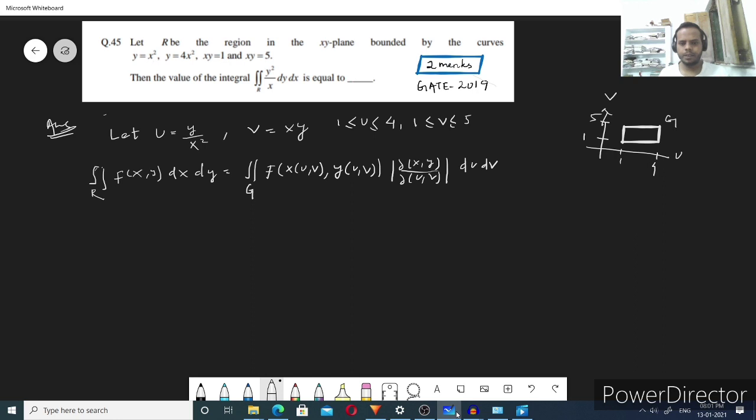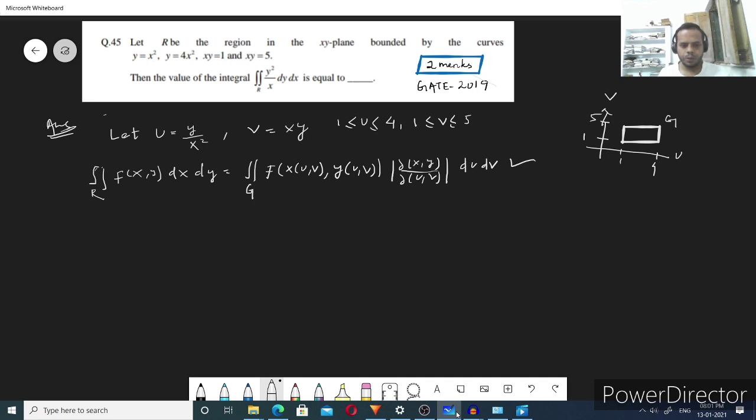I think you know this formula from calculus. If we change the domain, my main objective is to change the coordinates from xy to uv so that it becomes a rectangular domain.